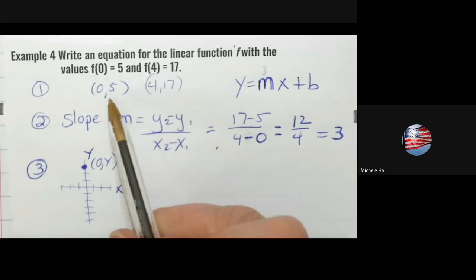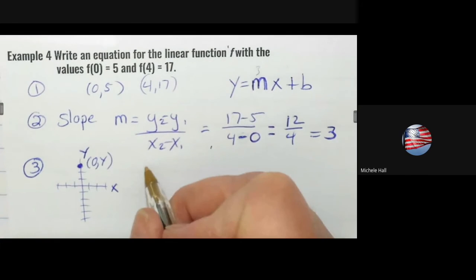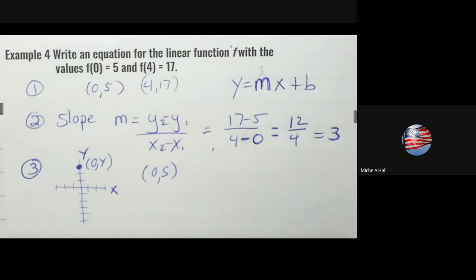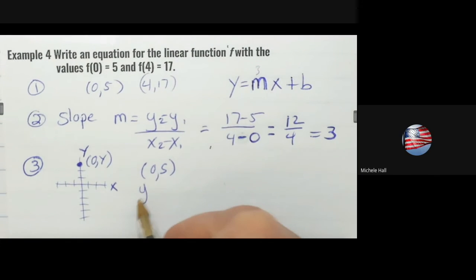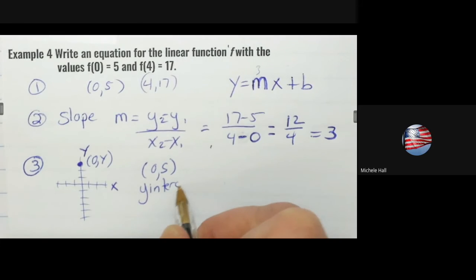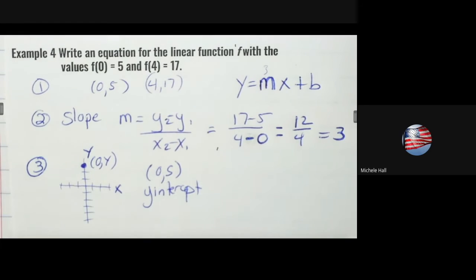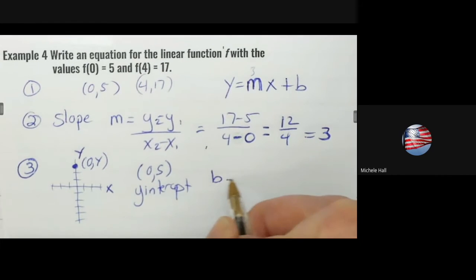We can see here that we're given a y-intercept. (0, 5) is the y-intercept. We have that b equals 5.